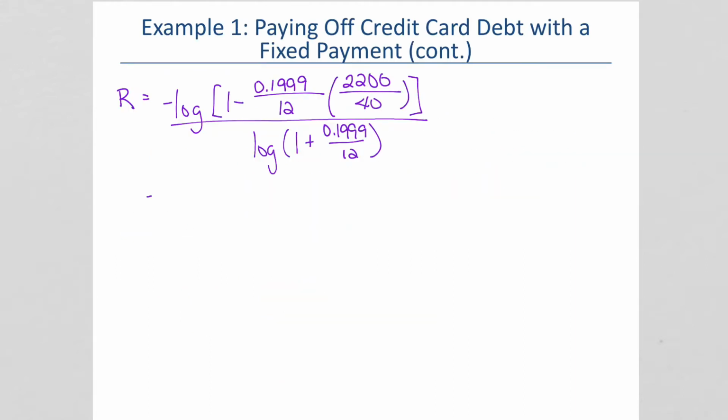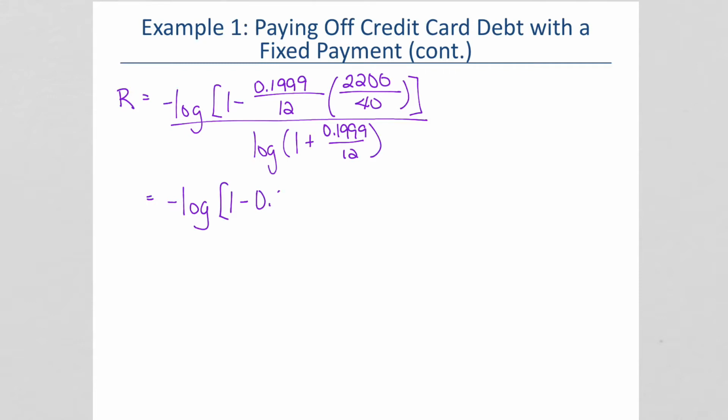Okay. So let's start talking about how to solve this by hand, with the help of the calculator, of course. So we've got 0.1999 divided by 12.